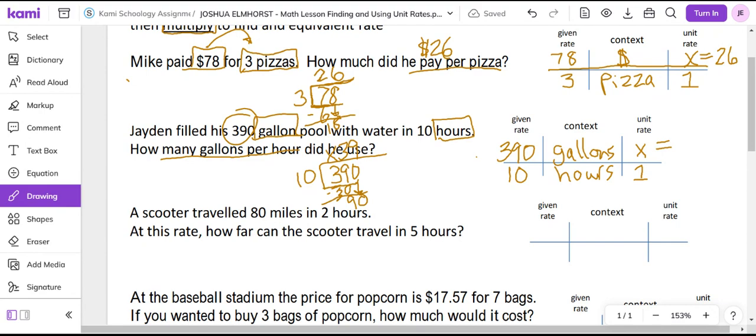So we're done dividing. So how many gallons per hour did he use? Every hour he was filling the pool, how many gallons went into it? So just going over here, it was 90 gallons per hour.